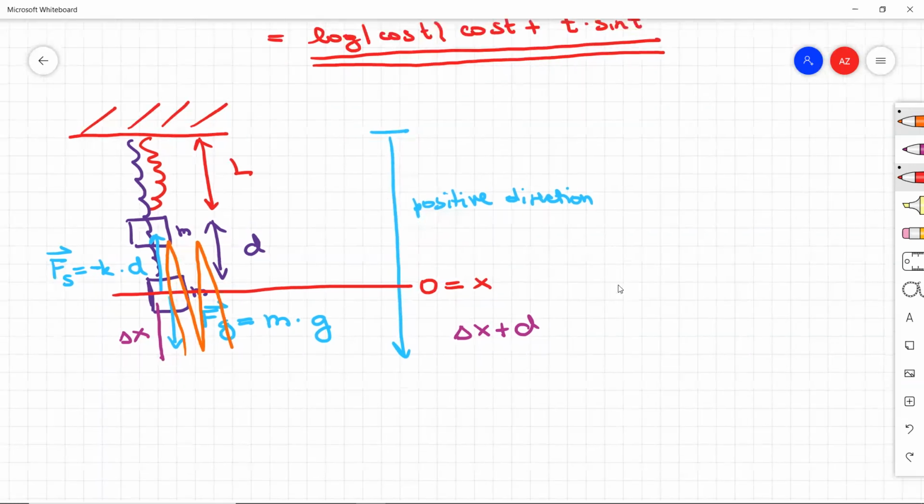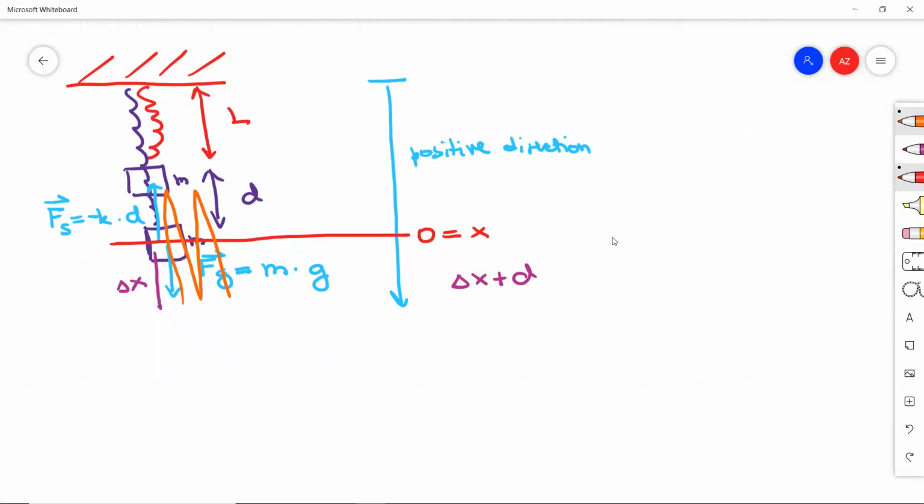So how would you describe the forces acting on the mass in this motion? Which law describes the forces on the mass at each point? Yes, Newton's second law, which says that the sum of forces acting on our body is equal to the mass times acceleration.